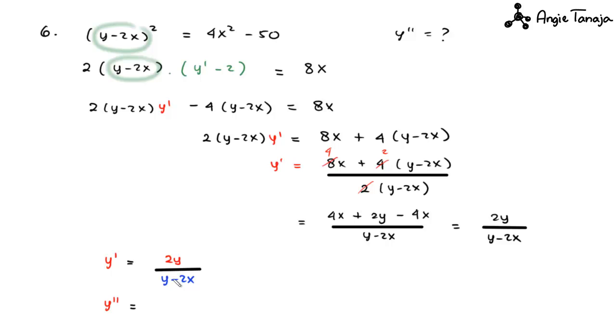So like u prime it will be 2 times 1 times y prime, right? Or just simply 2 times y prime, v, minus u v prime over by v square.